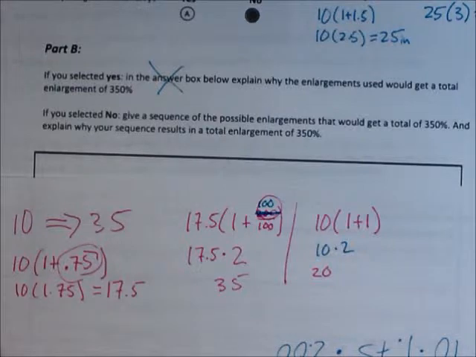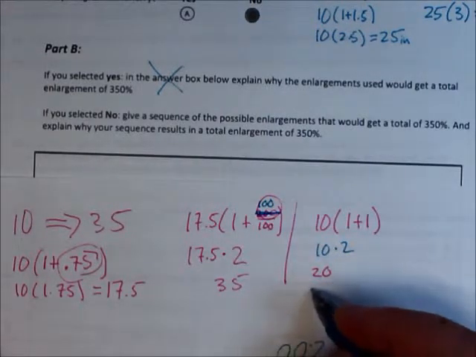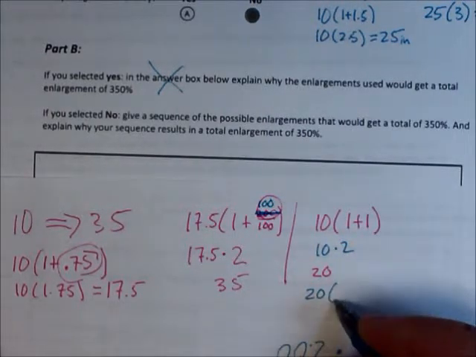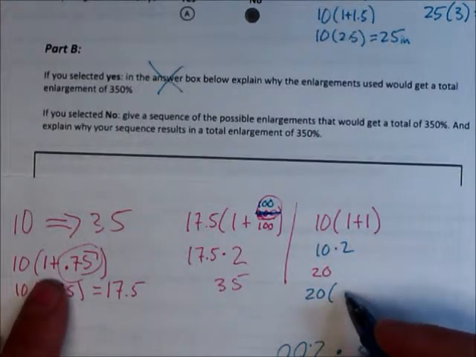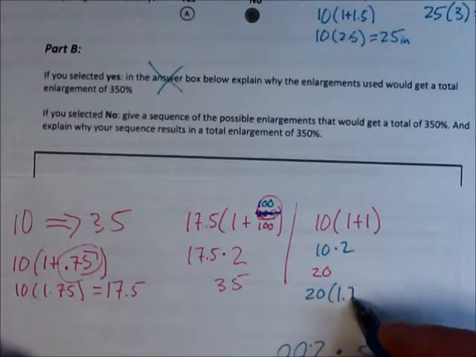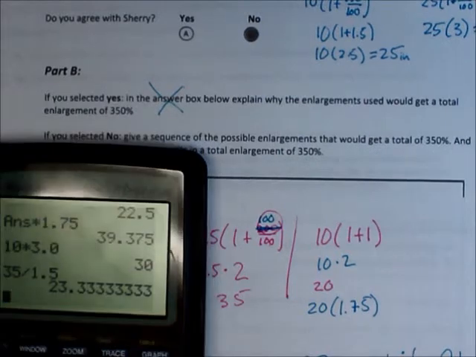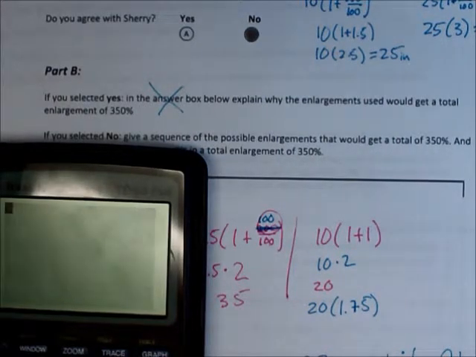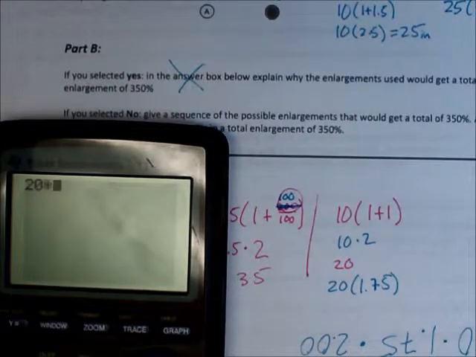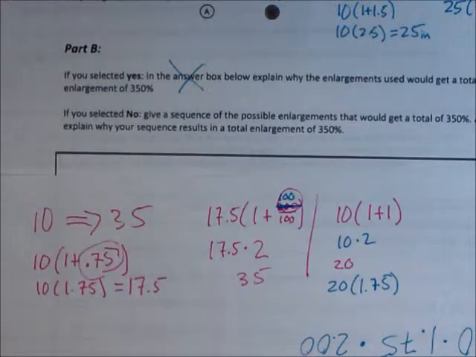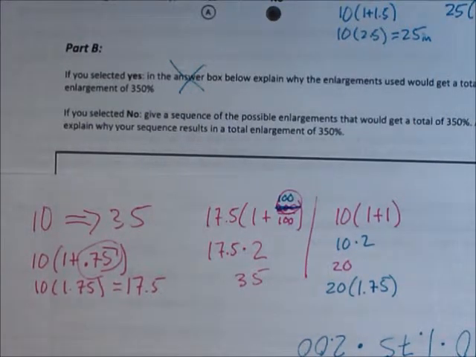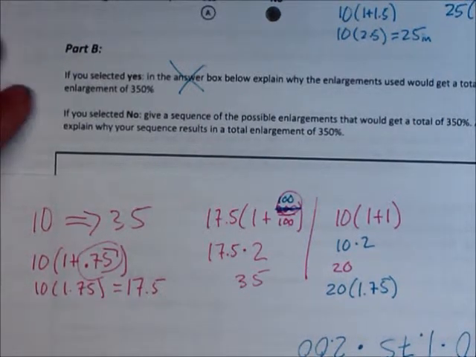Now if I take the 20 and enlarge it by 75%, you can see what I did over here, this would be 1.75. 20 times 1.75. Oh, that works too. Cool. So I can do those two enlargements in either order. And there may be some other possibilities. That's just what I've found here.